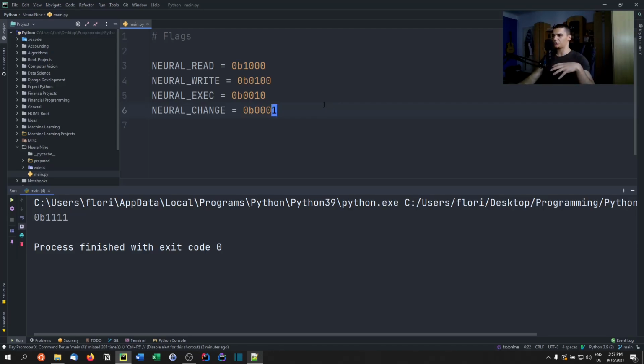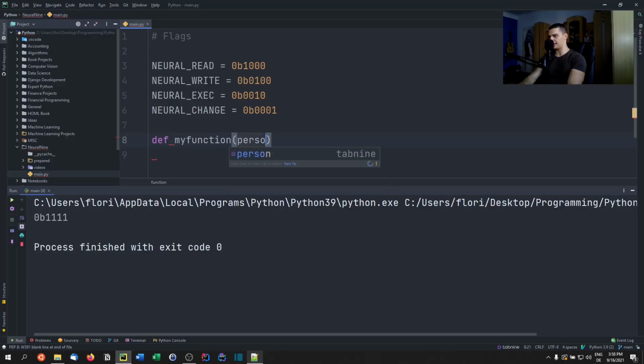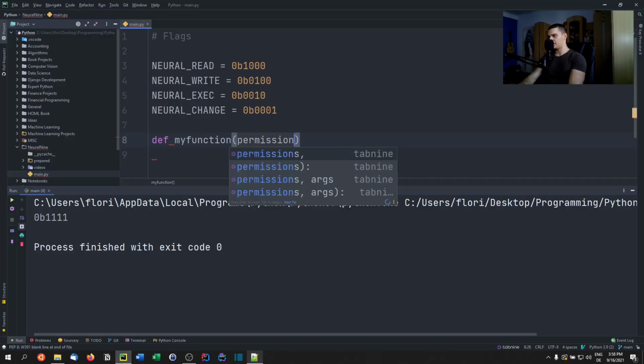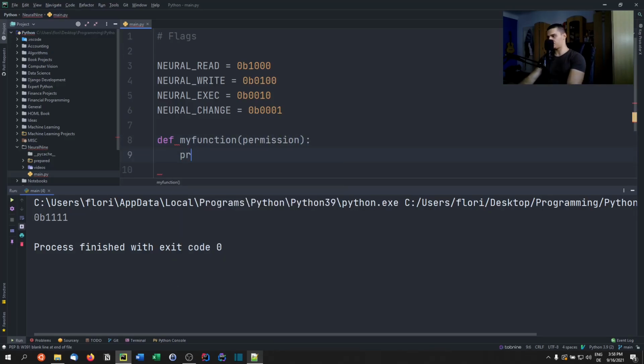Now, oftentimes what we're going to do in C is when we have some shared memory or some semaphore or something that we want to set certain permissions for, we choose these flags and we use a bitwise OR to combine them. Because if I want to say, for example, let's say def my_function and I pass a permission to that function, then let's say the function just prints that permission. So it's just going to say bin(permission).